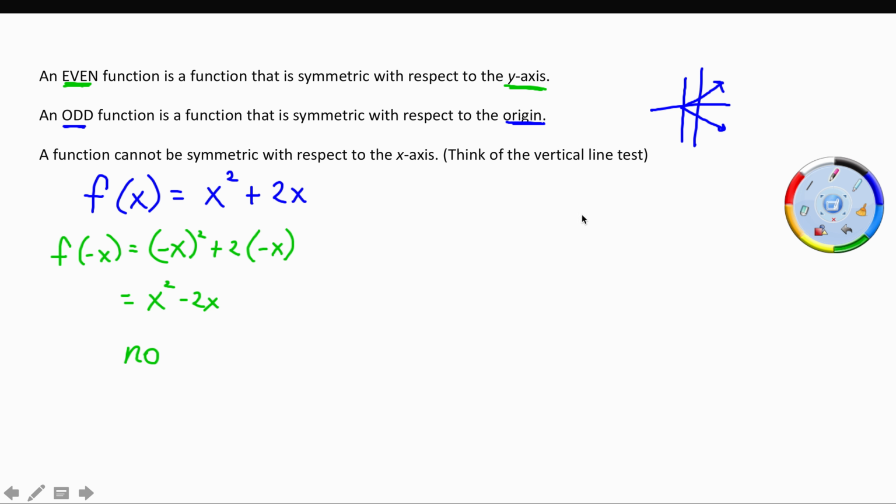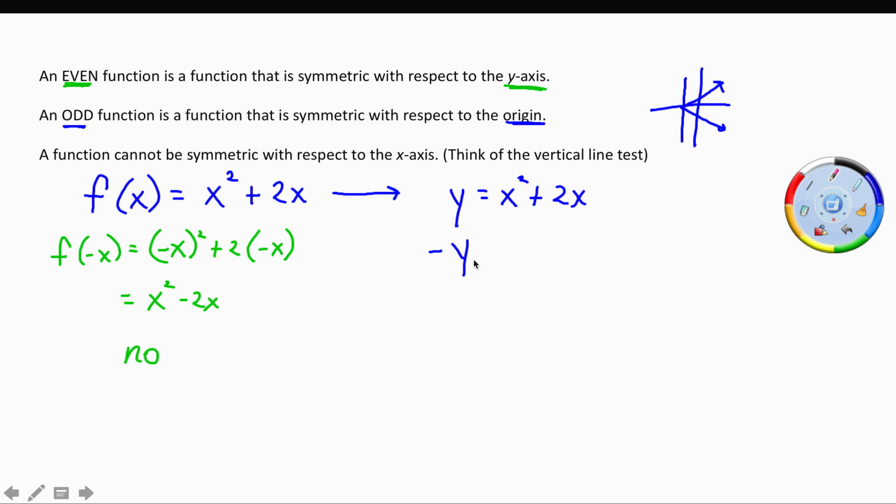Let's see if it's odd. To see if a function is odd, it's the same thing as checking symmetry to the origin, which means we're going to replace x and y with negative x and negative y, which means I might want to rewrite that instead of f of x. Remember, I can always change that to y.